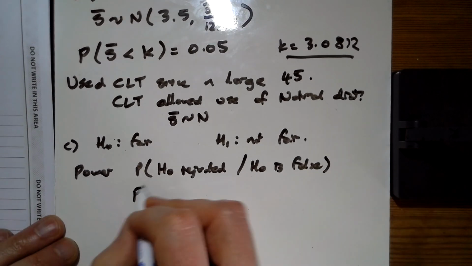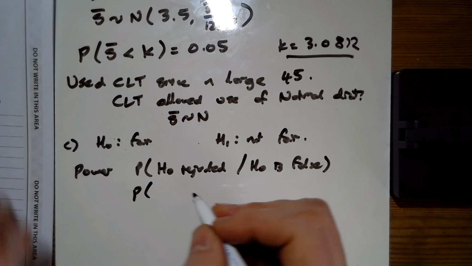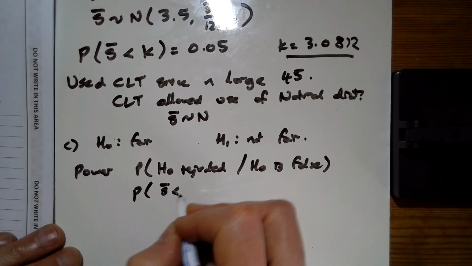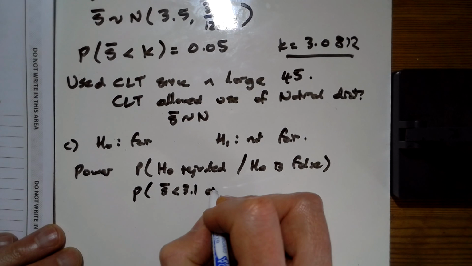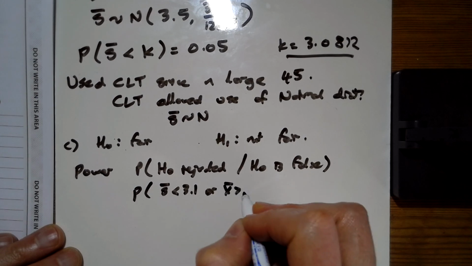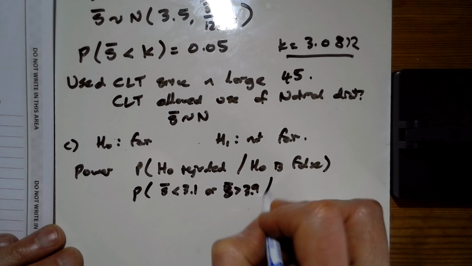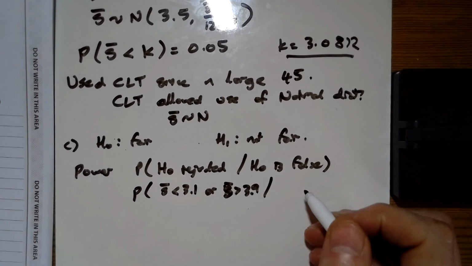So what are we doing there? H0 is rejected, so we are rejecting if we are less than 3.1 or more than 3.9, given that H0 is false.